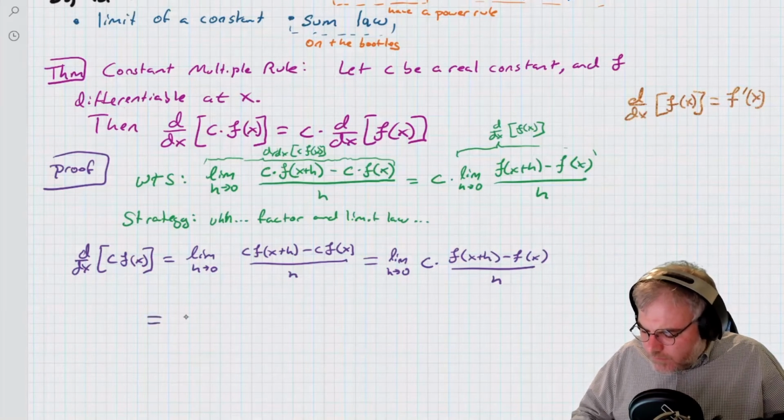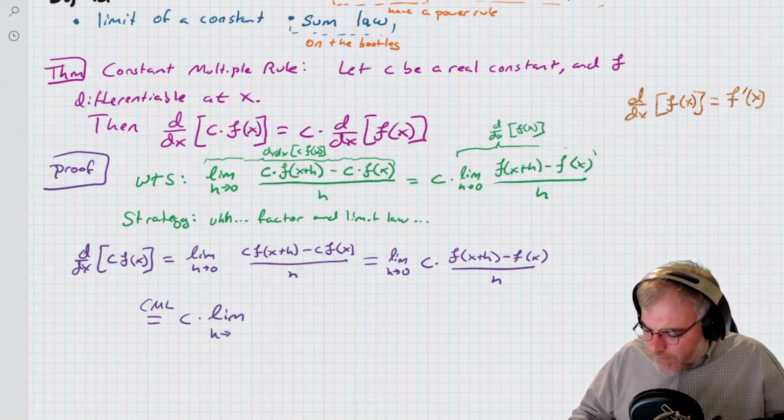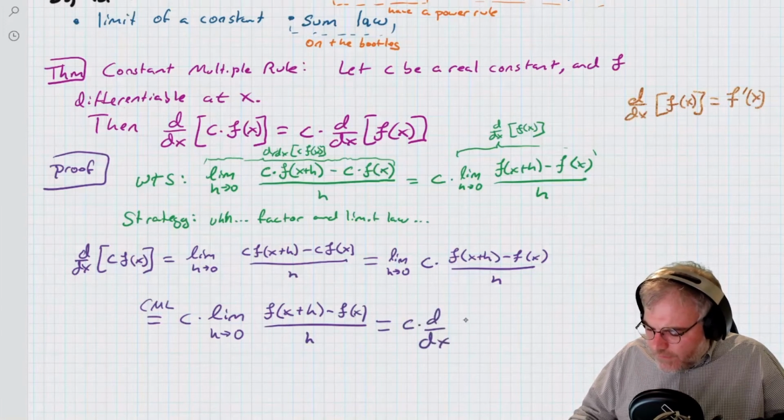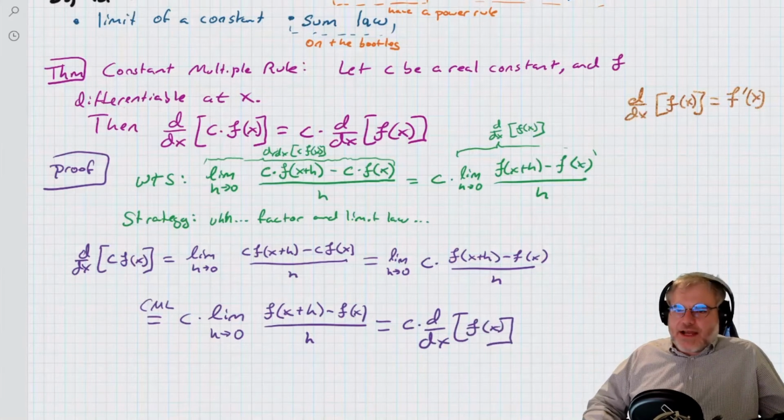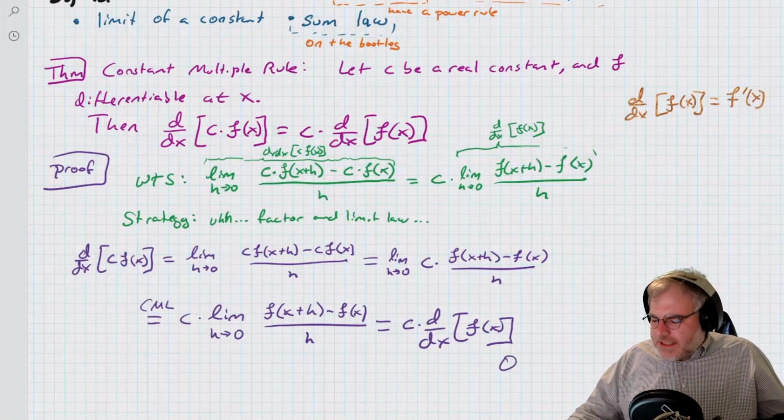Well, by the constant multiple law, that equals c times the limit as h goes to 0 of f of x plus h minus f of x all over h, which equals c times d over dx of f of x. How do we feel about that proof, 1 to 5? That doesn't even deserve a QED, right?